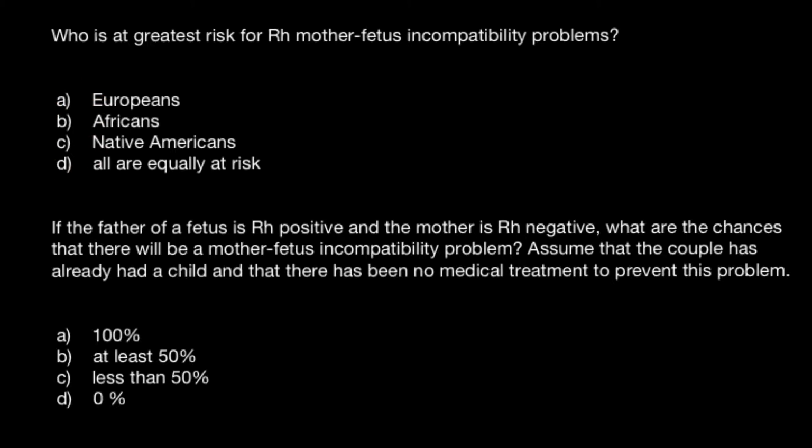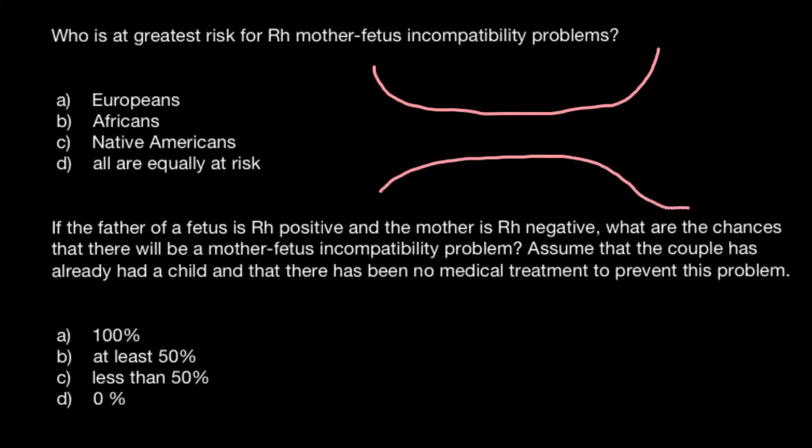First of all, for those of you who don't know what mother-fetus incompatibility is, it depends on the blood group, whether it is Rh-positive or negative. So imagine that the mother is connected with the fetus with the help of the placenta.